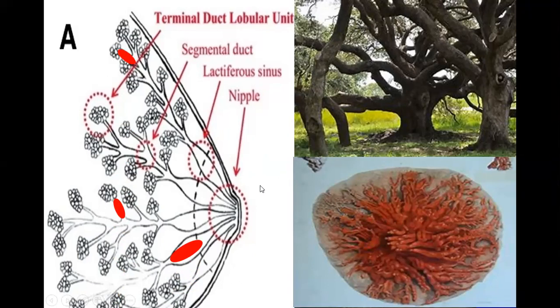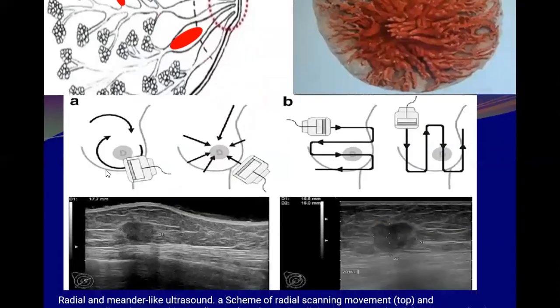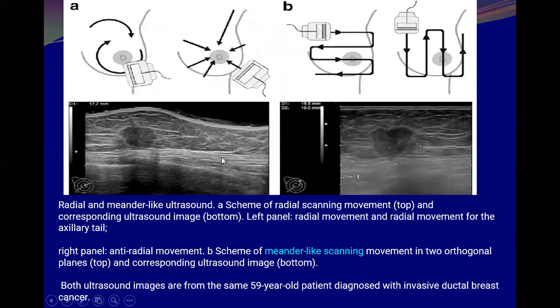So while scanning radially, we are not always along the ductal system, but we can when we have a lesion. This is the Minder technique, and this is the radial technique.